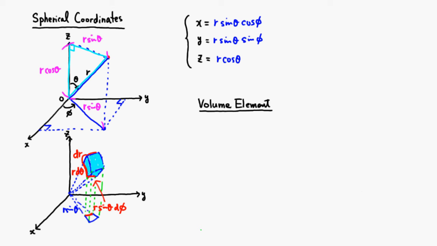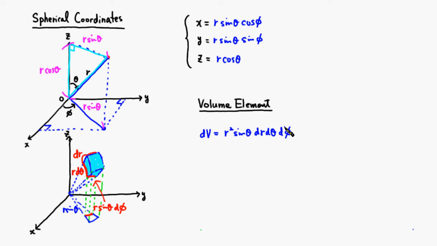If you want to find the volume element dv for the spherical coordinate system, there are two r's, so it's going to be r squared, then a sine of theta, then dr, d theta, and d phi.